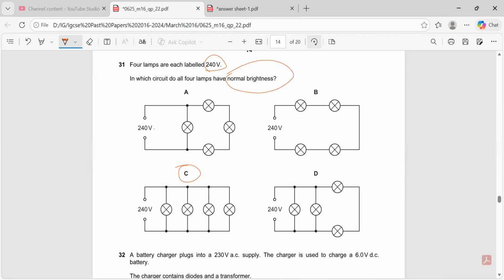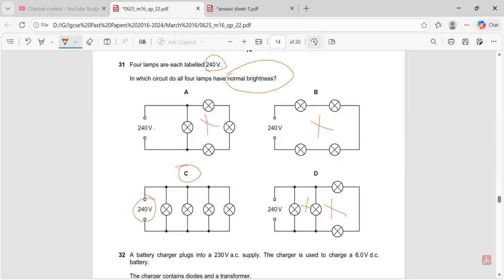So if this is 240 in series, this voltage will be distributed. They will not get 240 here. This is also in series, they cannot get 240. These two are parallel, but these are in series, so they cannot get 240. Only when all of them are parallel do they have the same potential difference, same as the EMF of the battery or the source.